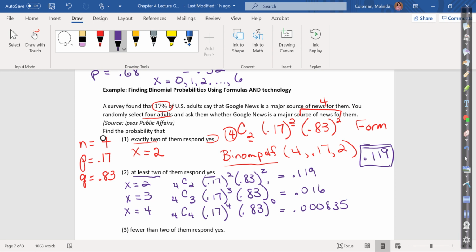To get our answer to this, I have to add these 3 together. So I'm going to add these 3. And if I do that, I end up with 0.136. So the probability that at least 2 of them respond yes is only about 13% of the time.